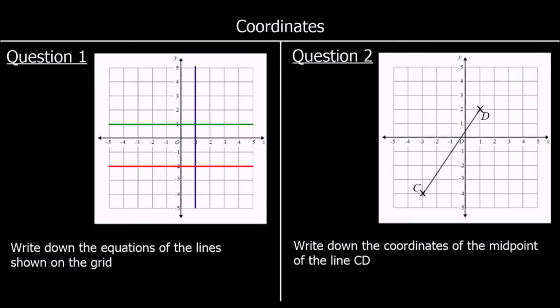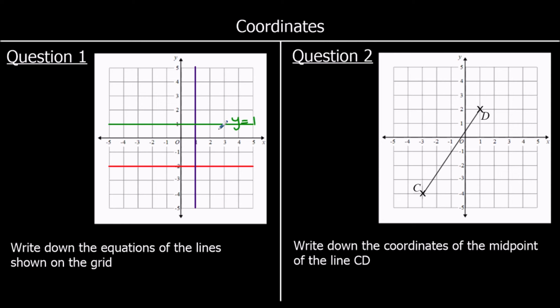To finish up, we've got two questions. Have a go at these and I'll go through the answers after. Okay, write down the equations of the lines shown on the grid. The green line here is all of the points where y equals 1.